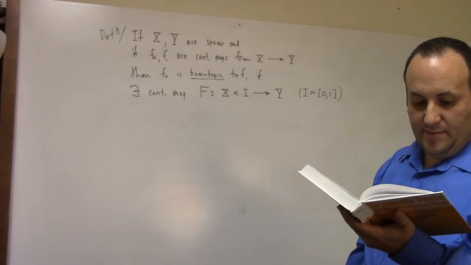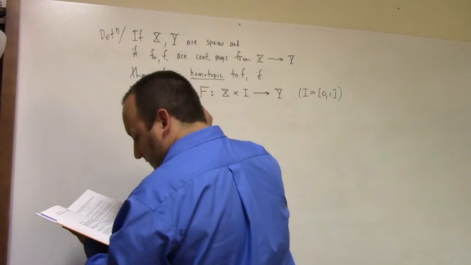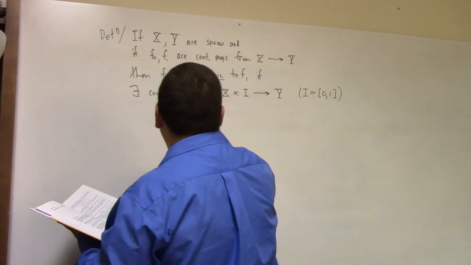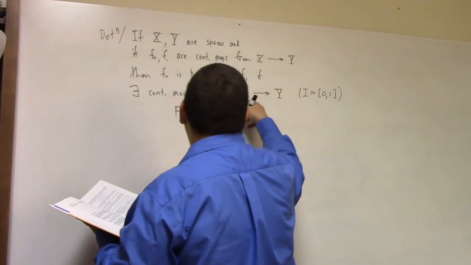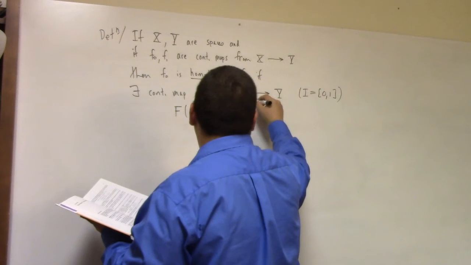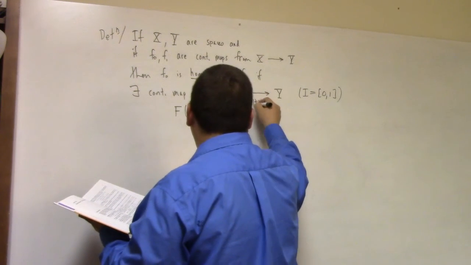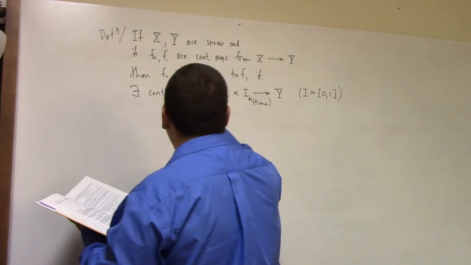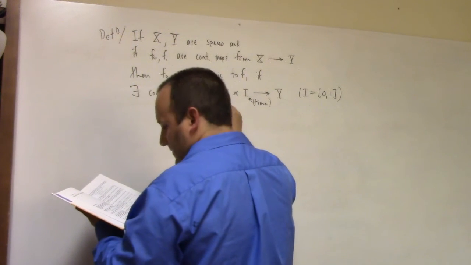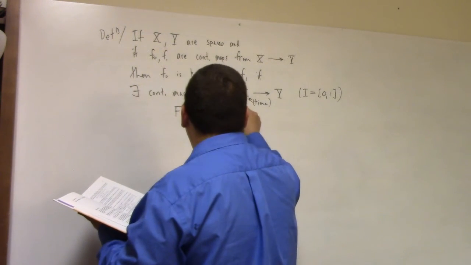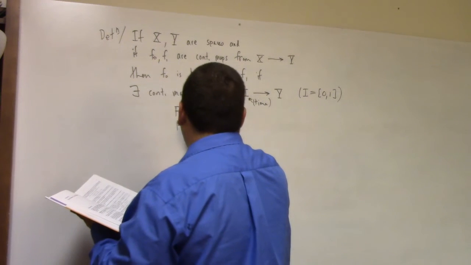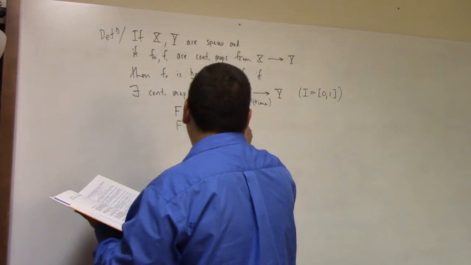And what are the rules of the game here? When you plug in time 0, I think of this as being time, just intuitively. So if you plug in time 0, F reduces to the 0 map. If you plug in time 1, F reduces to the 1 map.